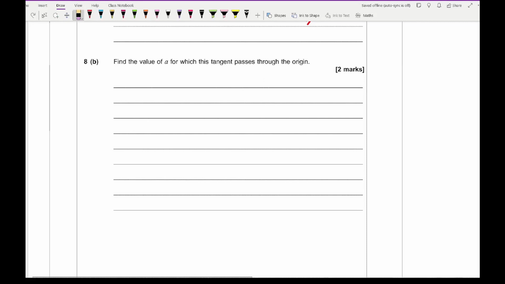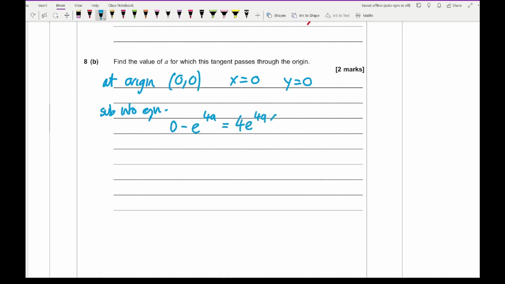Then moving on to 8b, it says find the value of a for which the tangent passes through the origin. So at the origin, we've got 0, 0, that is x equals 0 and y equals 0. Now if I substitute that into the equation, I've got y, which is 0, minus e to the 4a equals m, which was 4e to the 4a, times x, which is 0, minus a.